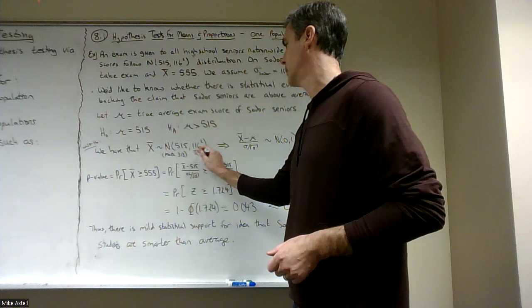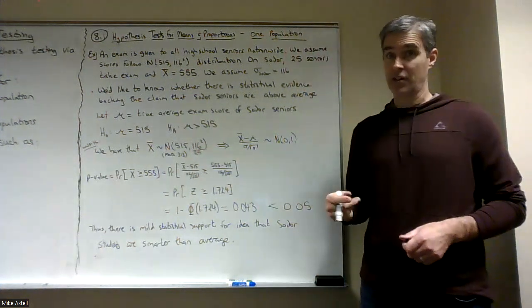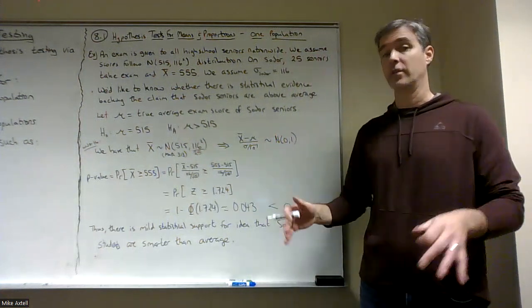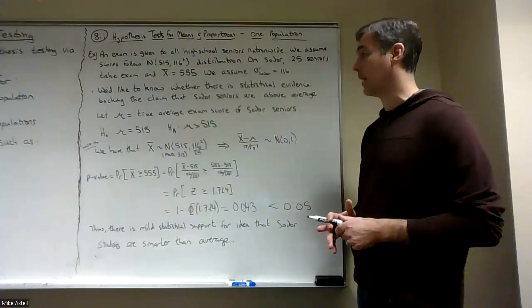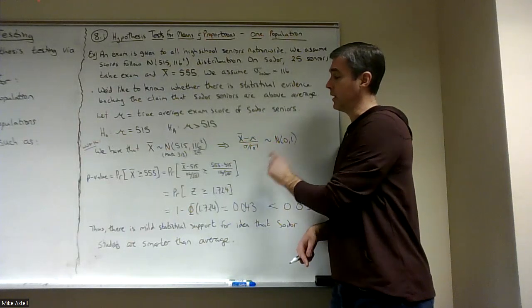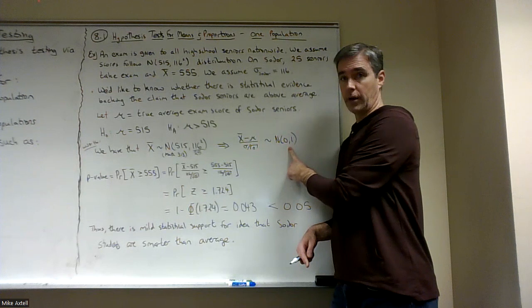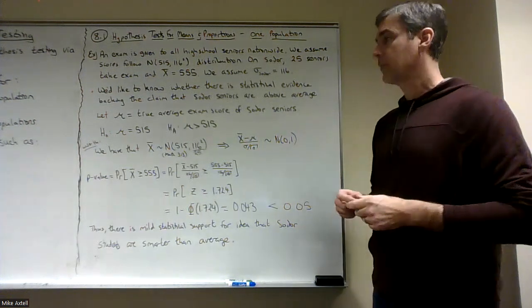My bad there. We've done that calculation a lot: take the expected value of X1 up through X25 divided by 25, pull out the 25, and do the same thing with variance. All this is to say that if you take X bar minus the mean, divided by its standard deviation, you have an N(0,1). All right, so let's go for a p-value.